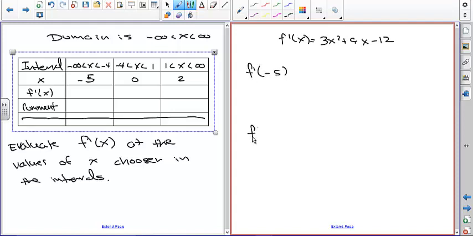We're going to evaluate f prime at 0. We're going to evaluate f prime at 2. So go ahead and plug those in and see what numbers you get. And the one for 0 is easy. It's -12. I can do that one for you.